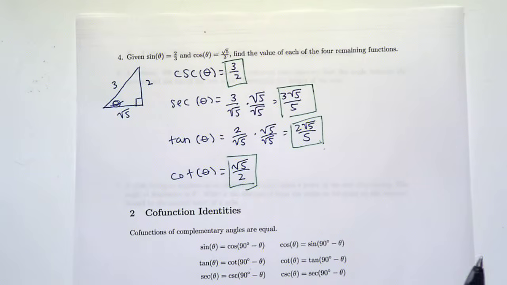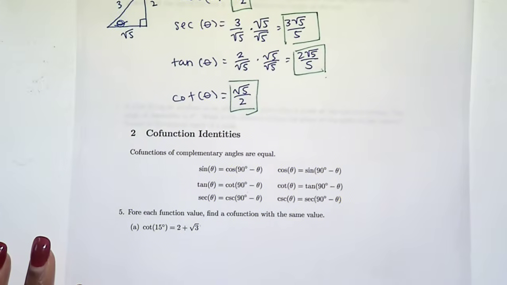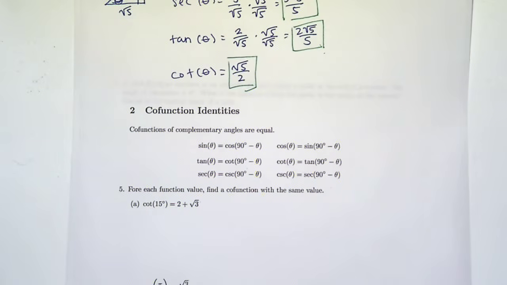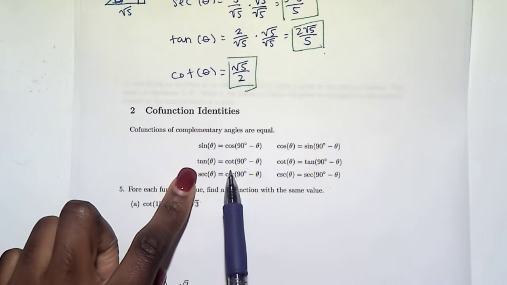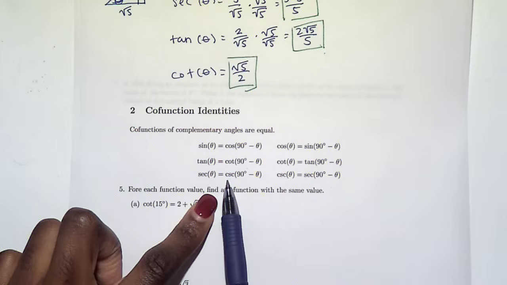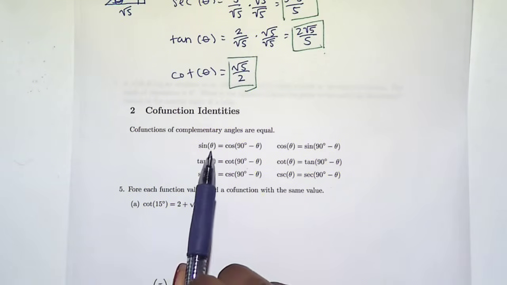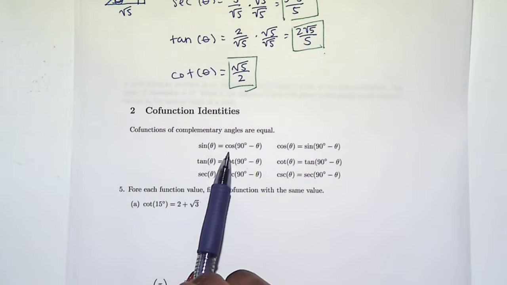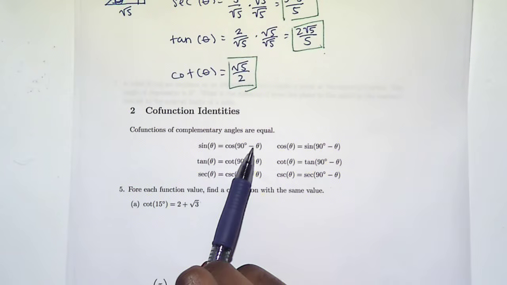And that is the basis of cofunction identities. Cofunctions of complementary angles are equal. Cofunctions are just functions with their co. So sine and cosine go together. Tangent and cotangent go together. Secant and cosecant go together. Those are cofunction identities. So the identities tell us that if we have sine of an angle, it's going to be the same as cosine of 90 degrees minus that angle.